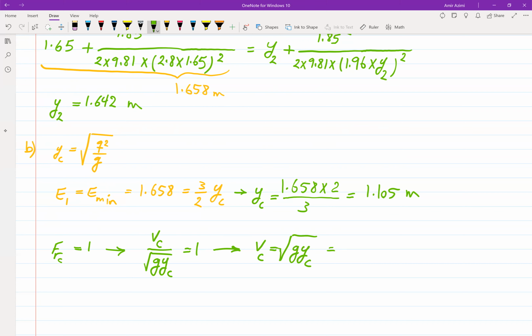So I have the critical depth, and from that I can calculate the critical velocity, which is the square root of 9.81 times 1.105. This gives me the critical velocity of 3.29 meter per second.